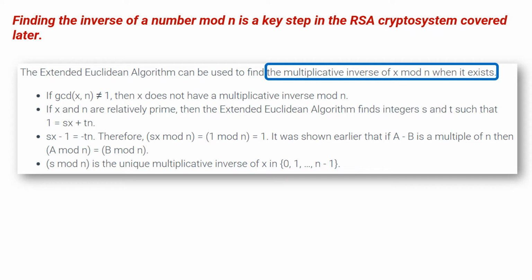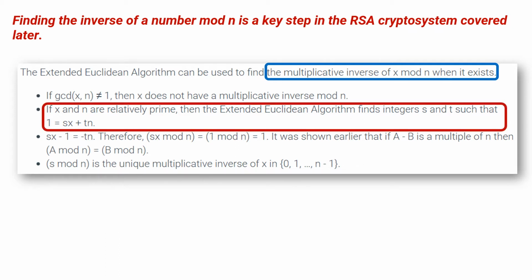The first bullet point says if the GCD of the two numbers x and n is not equal to 1, then x does not have a multiplicative inverse mod n. That's a key point. The GCD of x and n has to equal 1 if we're even going to find a multiplicative inverse.